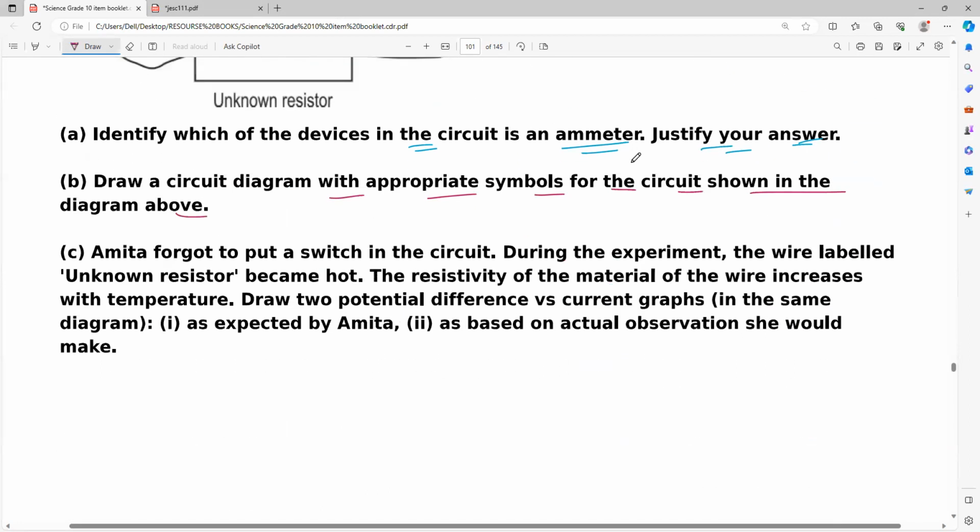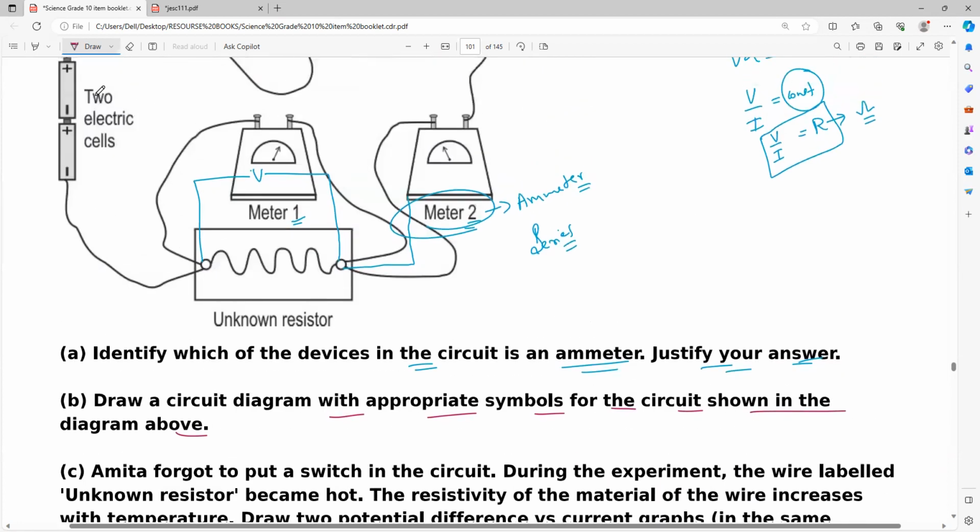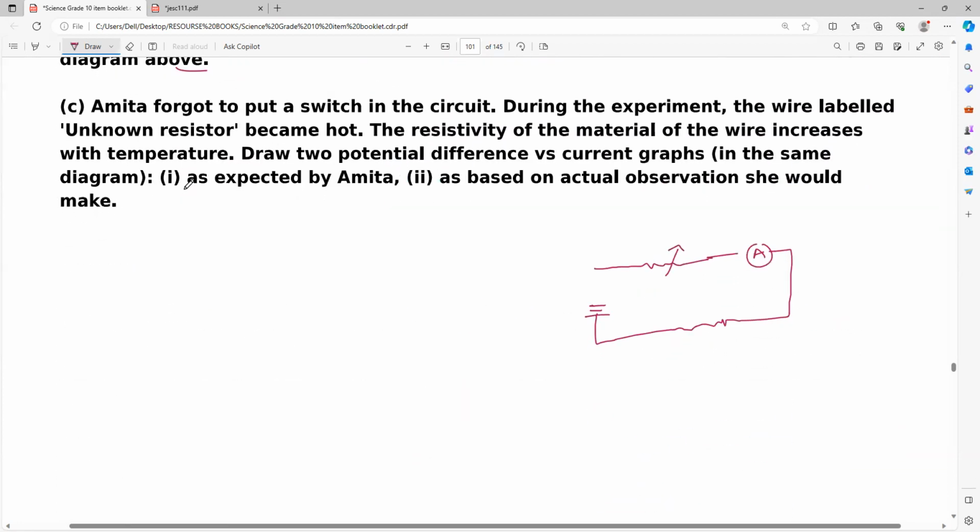Draw a circuit diagram with appropriate symbols for the circuit shown in the diagram above. Everybody, you can draw it. We all know the Ohm's law circuit: rheostat symbol, ammeter, resistor, supplied voltage. Current is passing from that side, so this is positive and this is negative, a positive and a negative terminal.